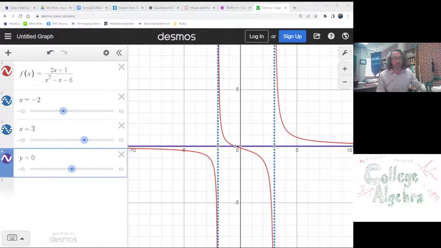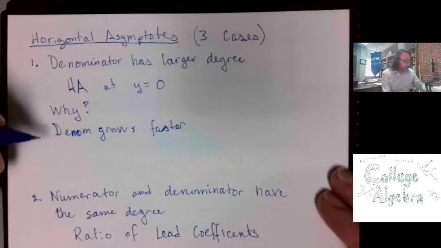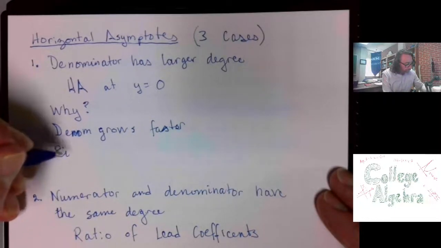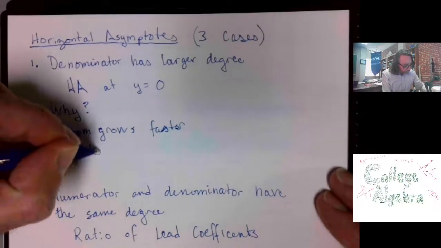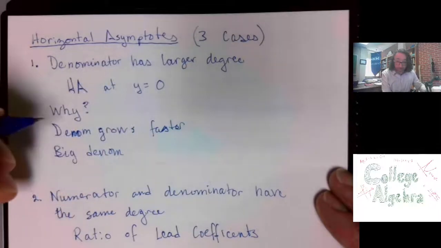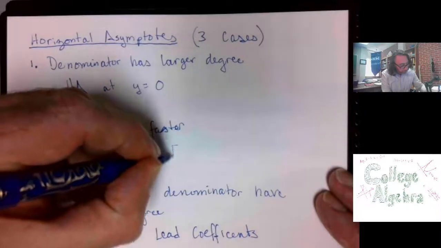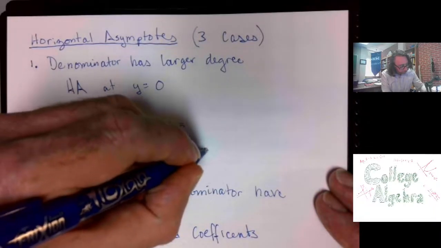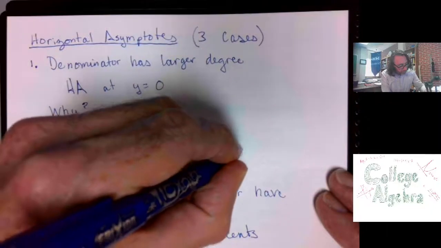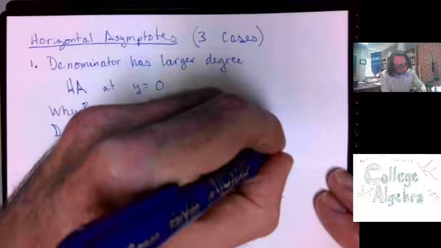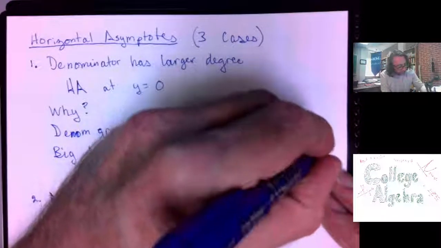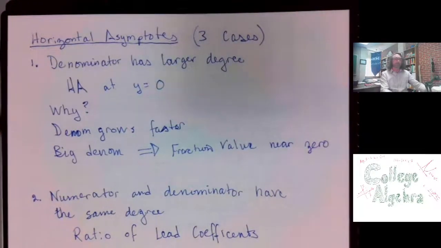And the reasoning is, if you have a fraction with a big denominator compared to the numerator, that means the value of your fraction is near 0.